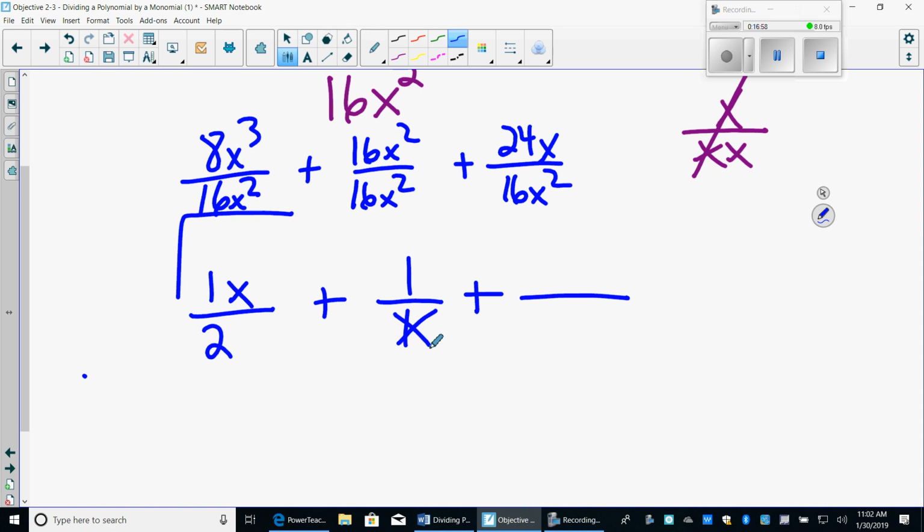Okay? What does 24 over 16 reduce to? 3 over 2. You with me on that? 1.5, but math enter. Okay? And same thing up here. X over x squared. You got 1 up top and 2 in the bottom. 1 cancels, leaving you with 1. And it tells you where to put it on the bottom.